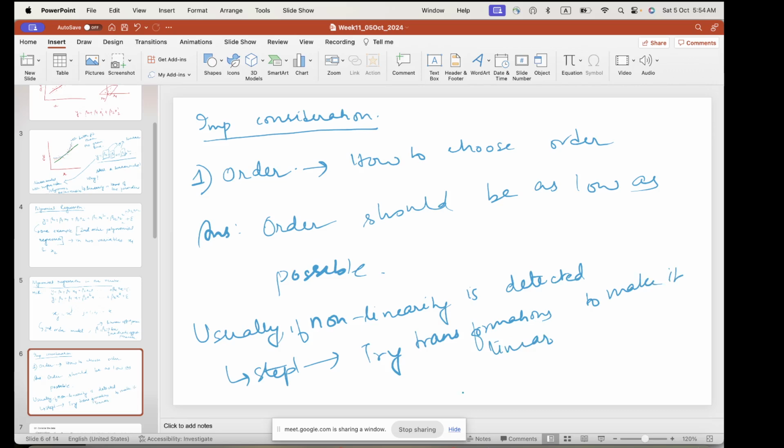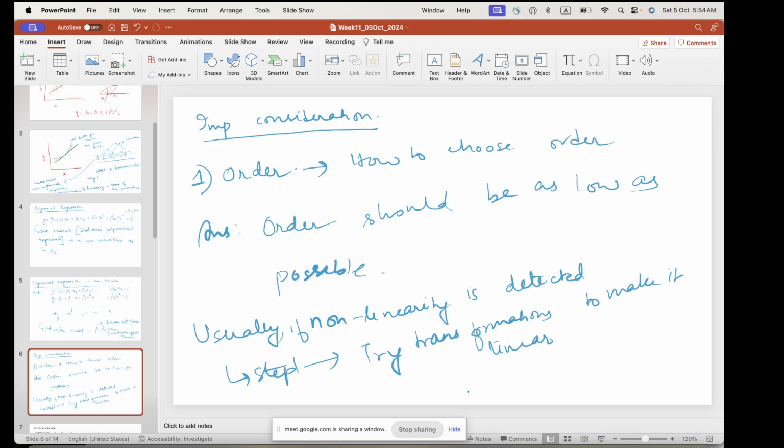Okay, so we learned about a lot of transformations. We learned about the log-linear model, we learned about the log model, we learned about transforming x to 1 by x.